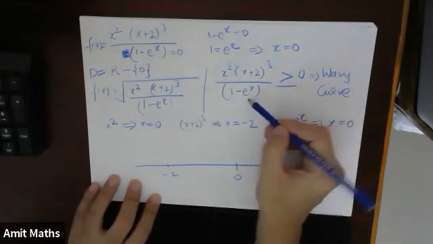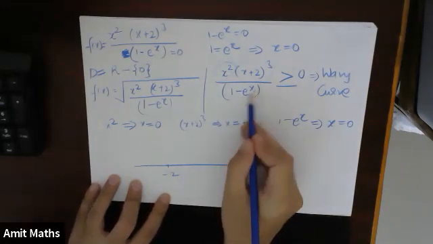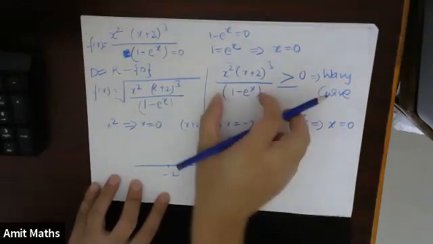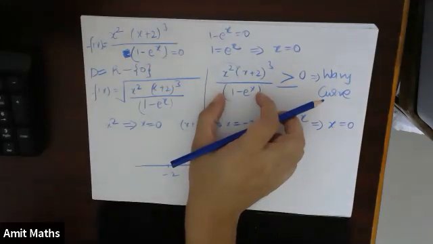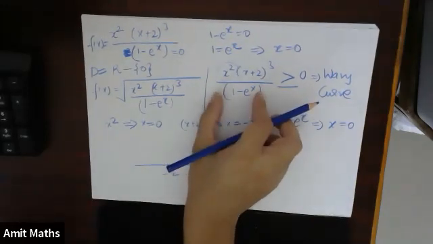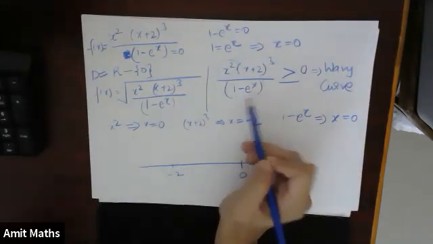Now I look at what is in the denominator. 1 minus e to the power 100. I know e is greater than 1, so 1 minus e to the power 100, this whole thing in the denominator, will be less than 0. In the numerator, I have both things positive; in the denominator, I have negative.